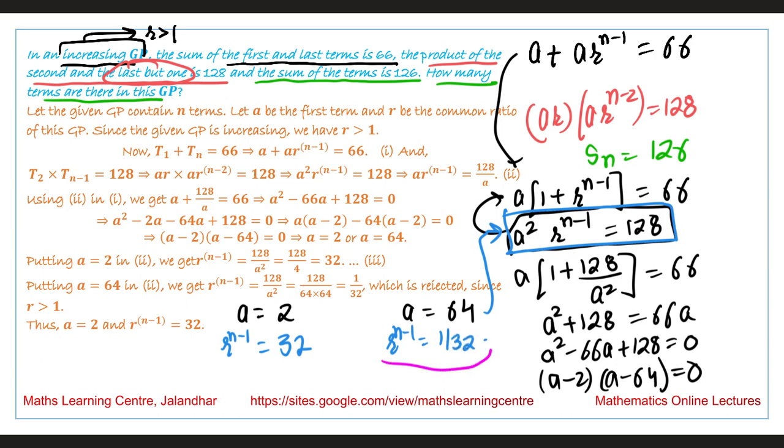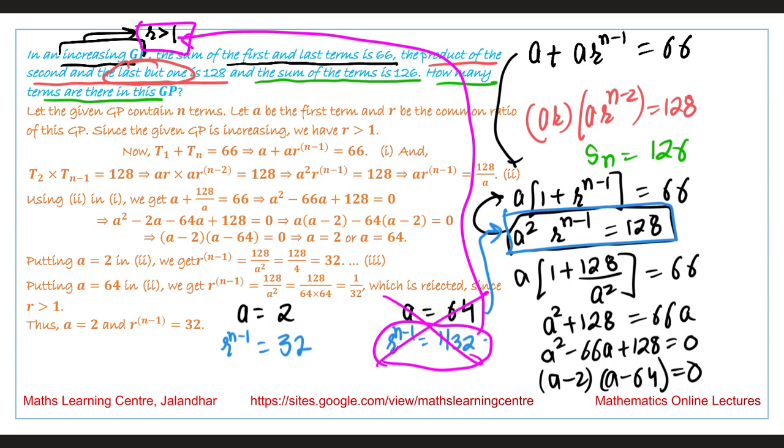Now this is not possible because originally it was given that the value of r is greater than 1. So this case is not possible. So we have r raised to the power n minus 1 is 32 and a is equal to 2.